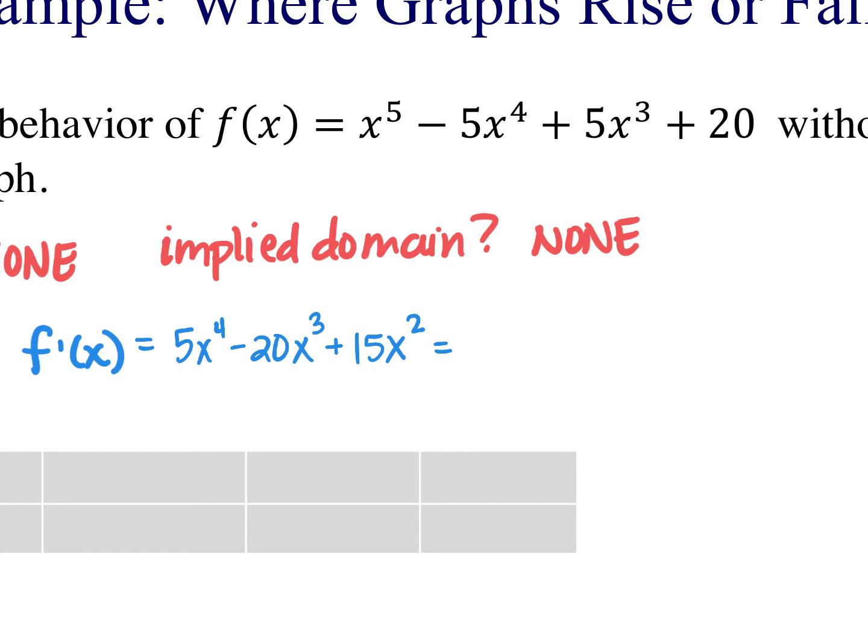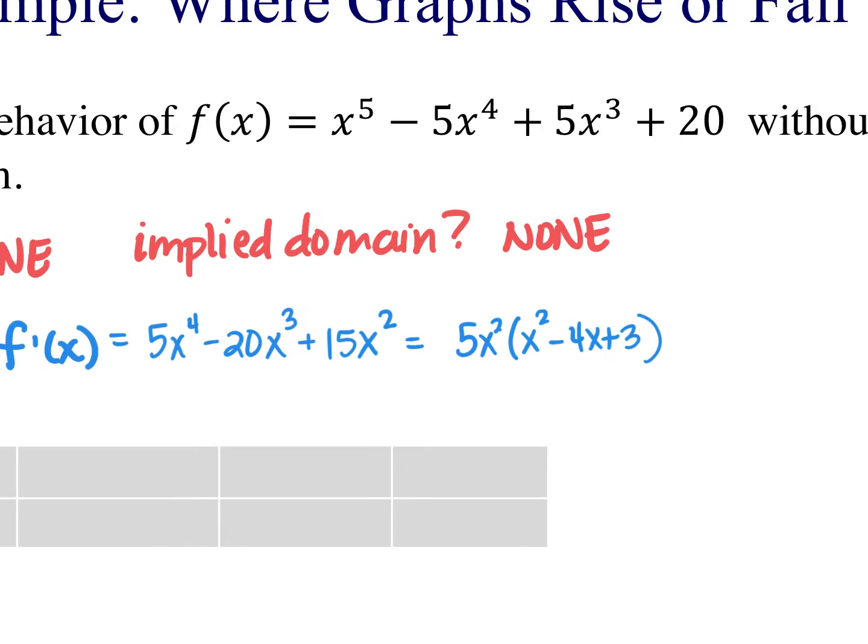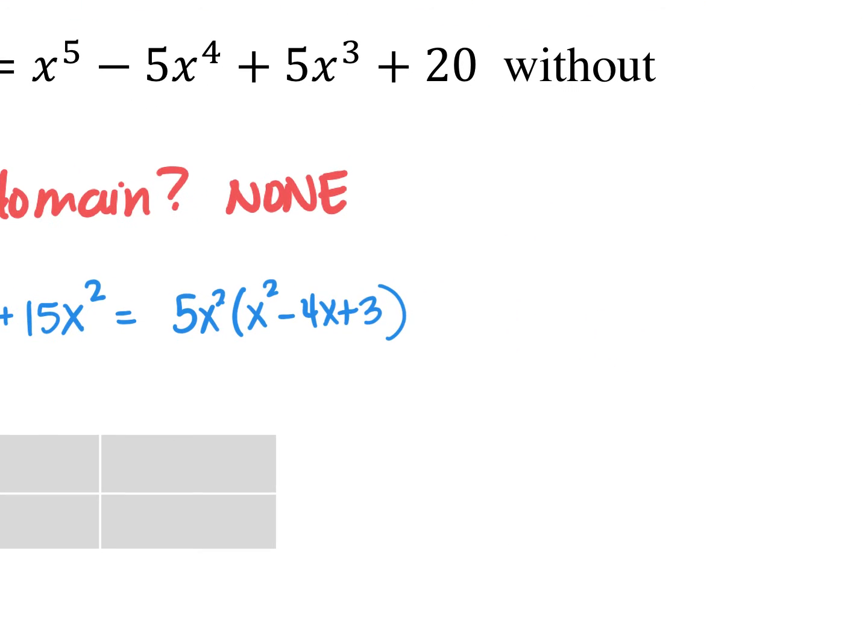And not just x. 5. And 5. And what else? x squared. Okay, so 5x squared, which leaves me with x squared minus 4x plus 3. That factors too. That factors into x minus 3 times x minus 1.